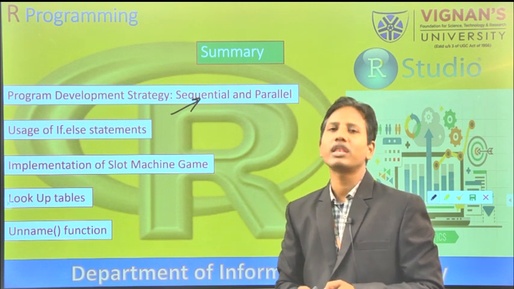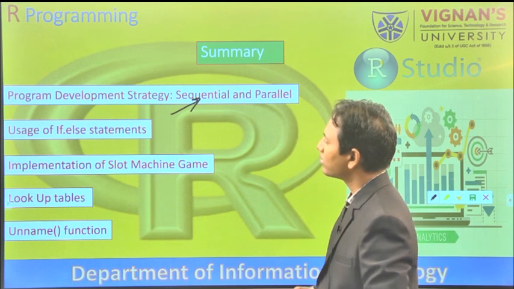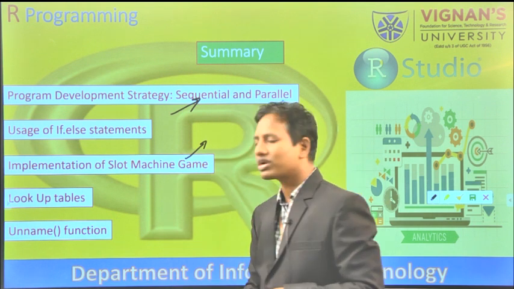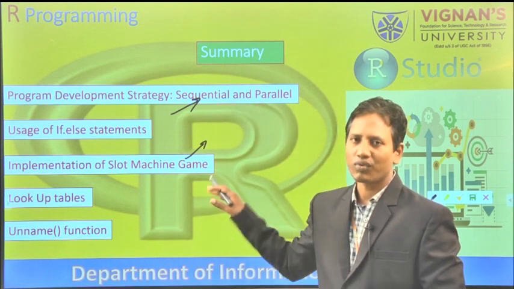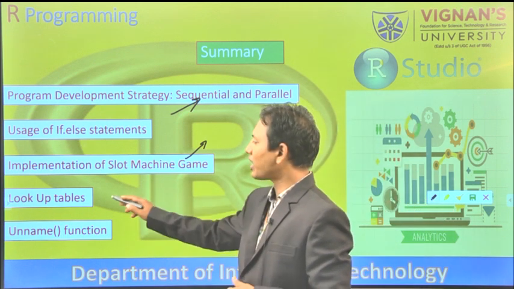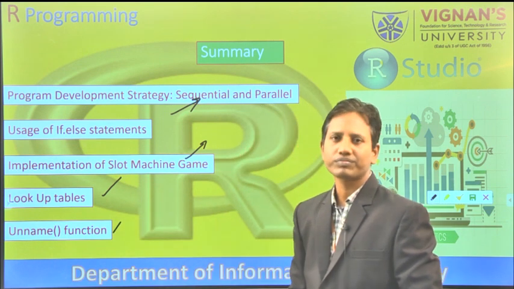So how we have to handle that, for that we are going to use if-else conditions. Then we learned what a slot machine is and how to implement it. I'll revise this entire slot machine once again. Then we have seen lookup tables and unnamed functions.